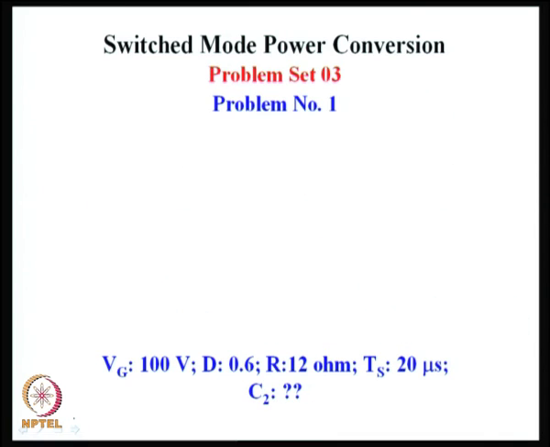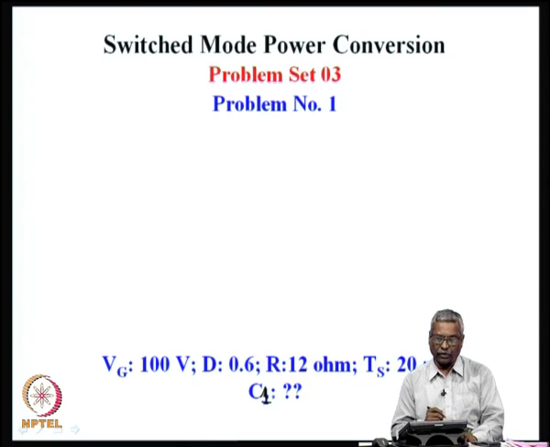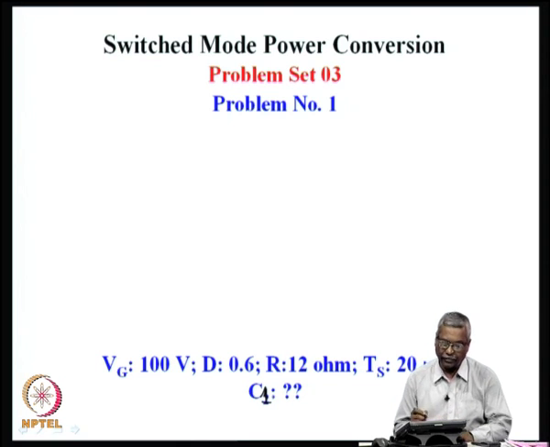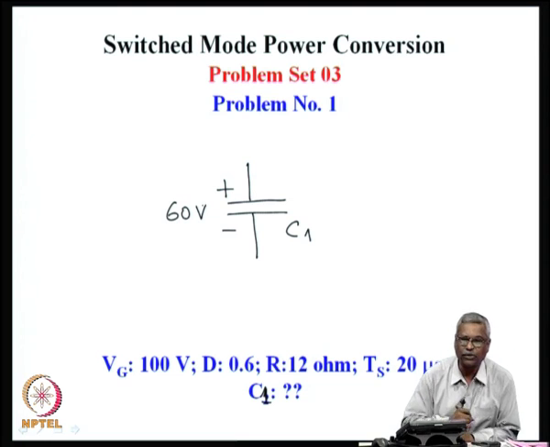If we go further, it is possible to find the C1 capacitance also. This is a little different, in the sense that, if you see the equivalent circuit, this is C1, which has a voltage of 60 volts.